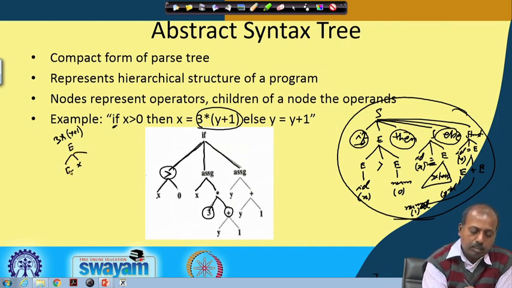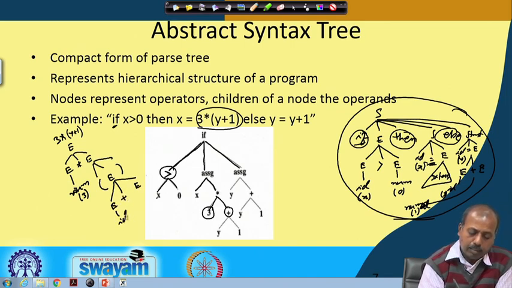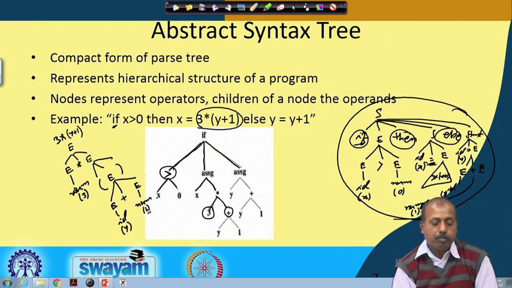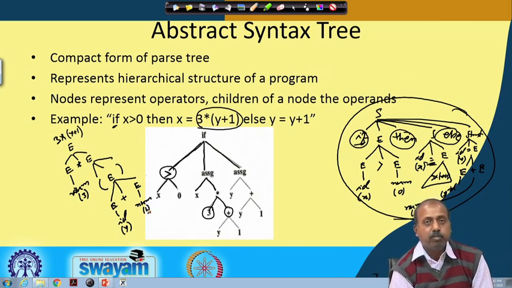So, e star e, then this e giving number which is 3, and then this e giving bracket start e bracket close, and then this will give us e plus e, this e giving us id which is y, and this e giving us number which is 1.